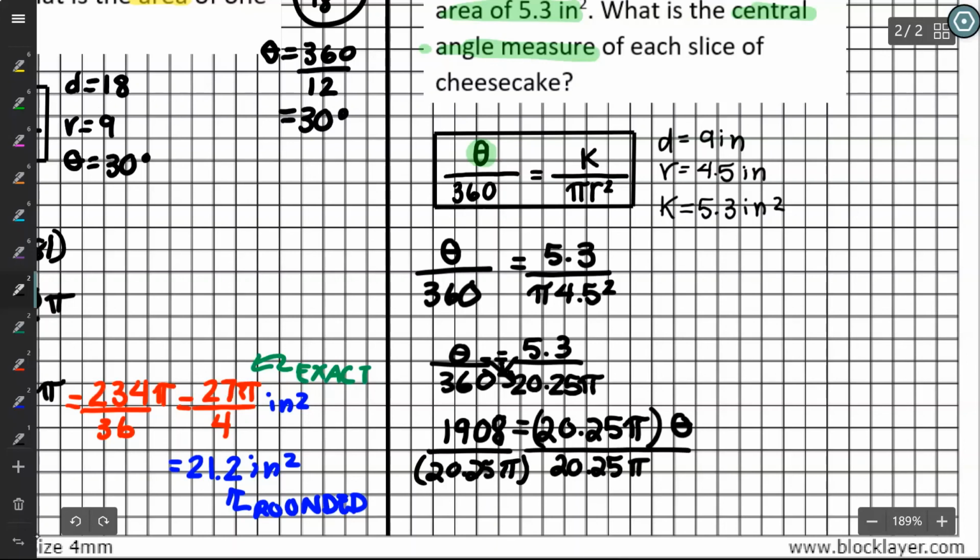Remember that has to be in parentheses, and this is going to cancel, and I get theta by itself, and theta equals 29.9 degrees, which we are just going to go ahead and round to 30 degrees as our theta, and that would be our final answer.